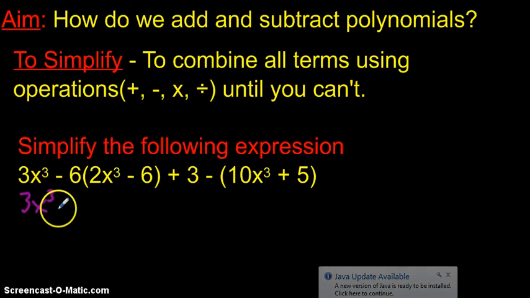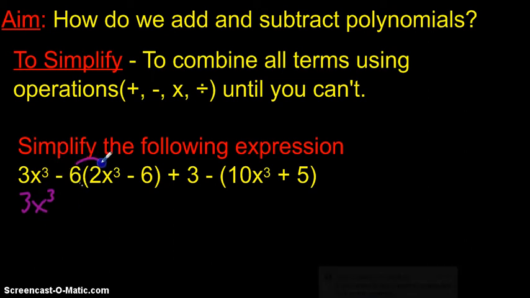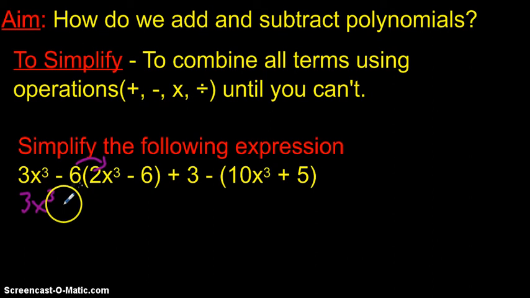So it's negative 6 times 2x to the third, which is negative 12x to the third. Then we have negative 6 times negative 6, which is a positive. Two negatives make a positive. Positive 36.